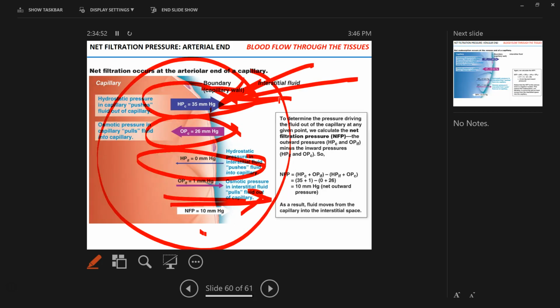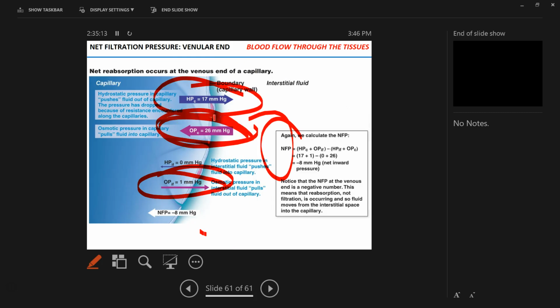So if osmotic capillary pressure goes from 26 to say 27, what's going to happen to net filtration pressure? It's going to go from 10 to 9.